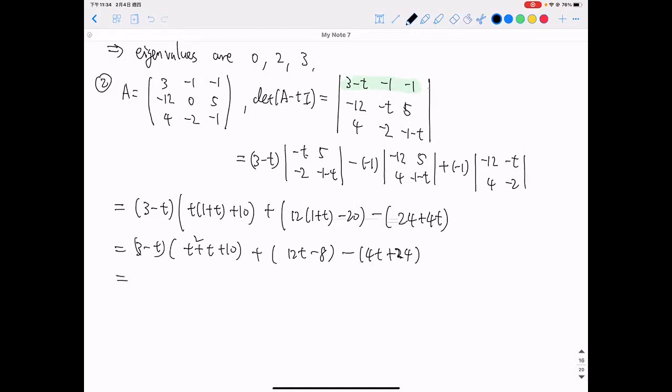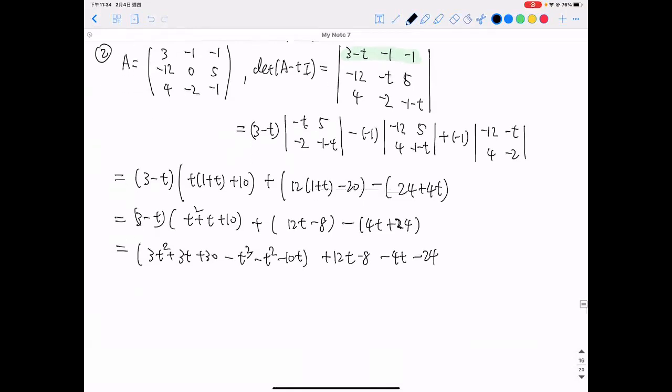Okay, now multiply out the first term. We get 3t squared plus 3t plus 30 minus t cubed minus t squared minus 10t, plus 12t minus 8 minus 4t minus 24. So now we can start cleaning this up. Minus t cubed. How many t squared terms are here?